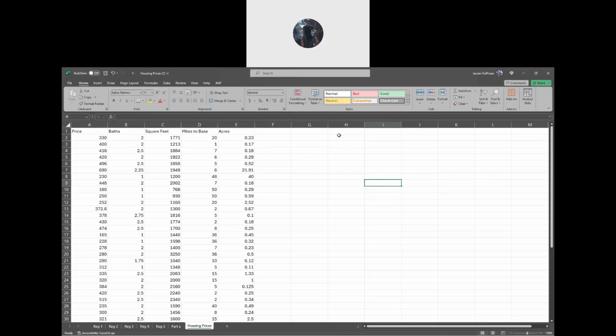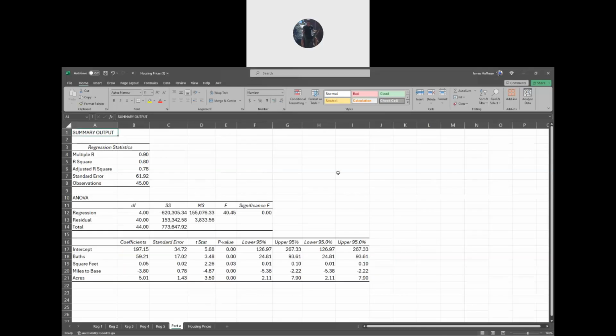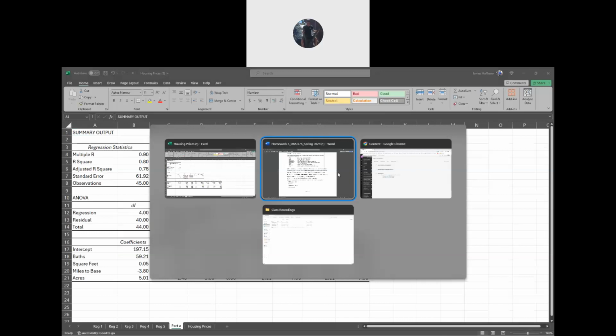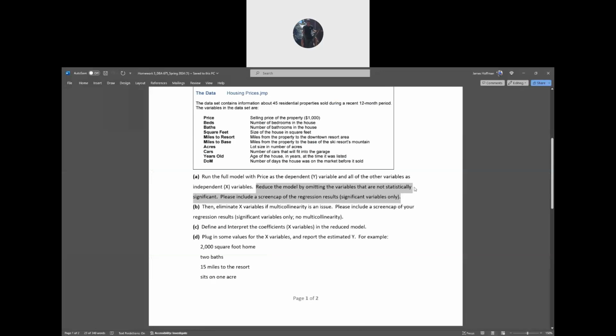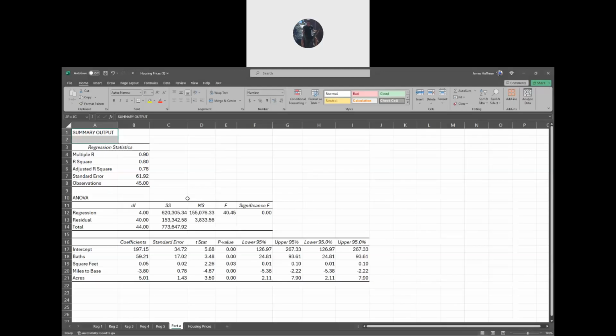So for this, reduce the variables that are not significant and include a screen cap of this part. Part A is just to include this here.